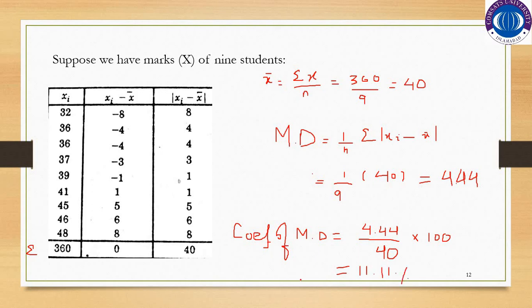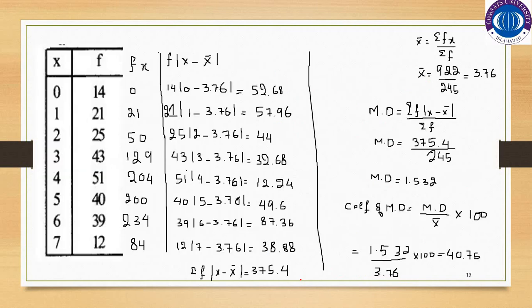So this is the coefficient of mean deviation. The mean deviation is the absolute measure of dispersion, and the coefficient of mean deviation is the relative measure of dispersion.